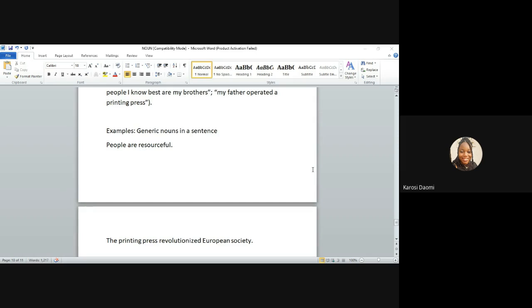In an exam situation, except if you're very sure whether it's a single noun or the plural form, if it's the single one, the apostrophe is before the S. But if it's plural, the apostrophe is after the S.